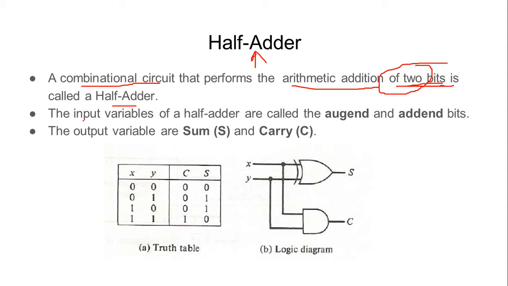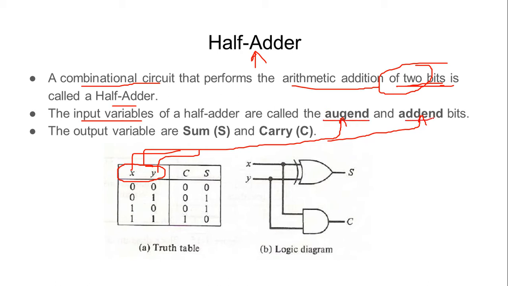The next thing is there are two input variables, right? And these input variables are basically called augend and addend bits. Okay, this x will be the augend and y will be the addend bit. So this is again just for your understanding of the concept that in the addition we are having two variables in the name of augend and the addend.